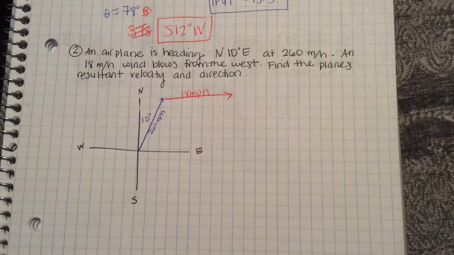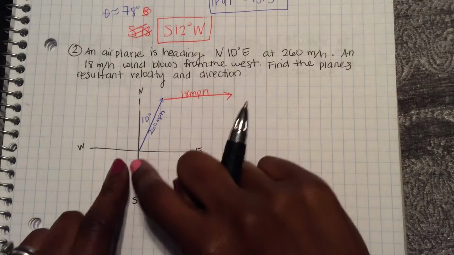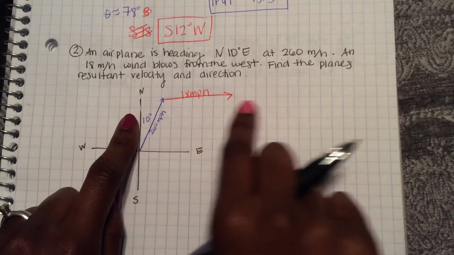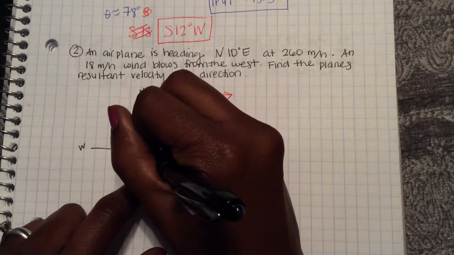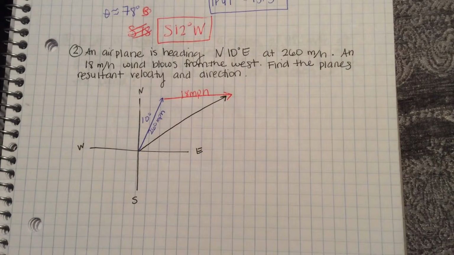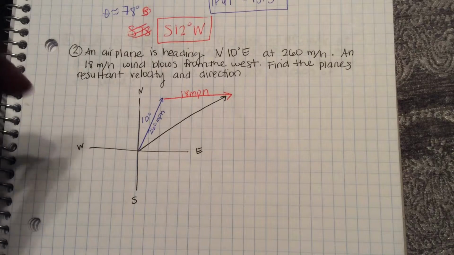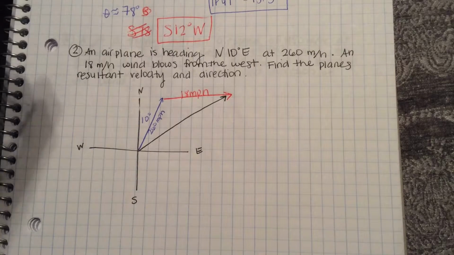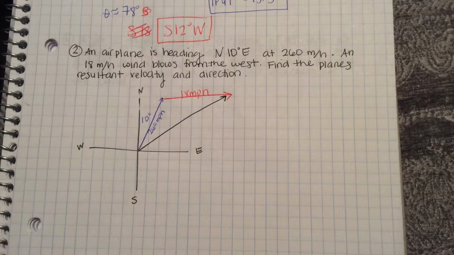They would like us to find the plane's resultant velocity and direction. So remember, if the plane is going this way, but the wind is also blowing it, the resultant vector is here. So we want the resultant vector velocity and direction. So that's two answers.